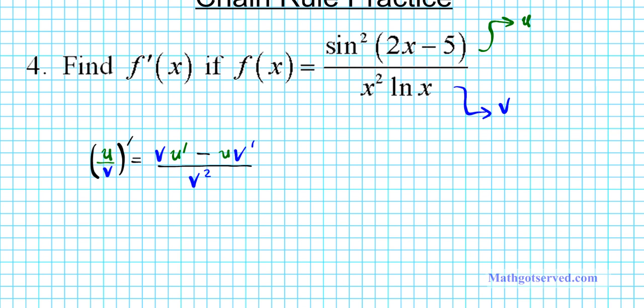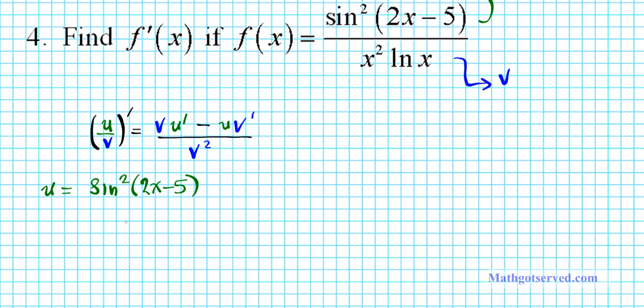Okay, let's start with u. So u is equal to sine squared of 2x minus 5. Now this is a composite function, a composition of three functions. We have the square function, the sine trigonometric function, and then the linear function 2x minus 5.